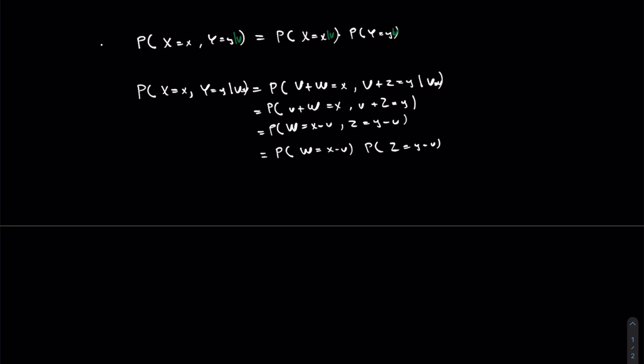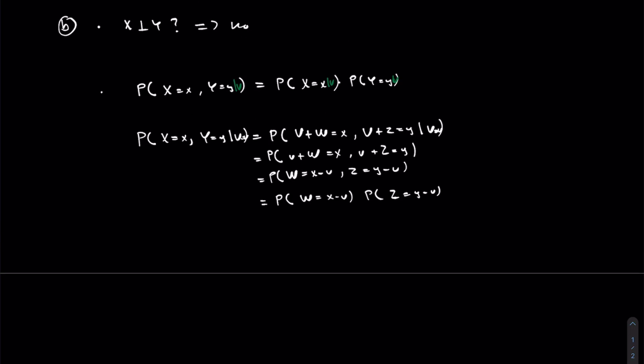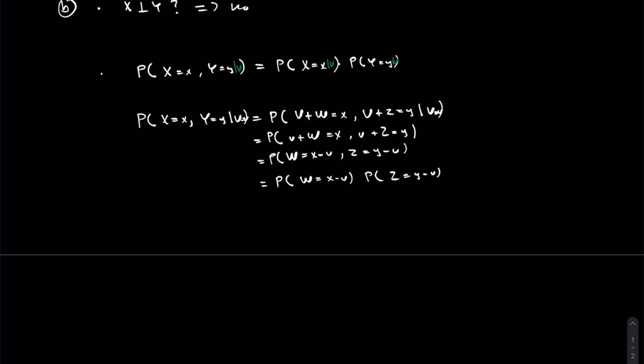All right, great. So we seem to be getting at a form that resembles what we have here, but we have the variables W and Z here, which is not exactly what we wanted. We need to show it for X and Y. Okay, so how do we do that?